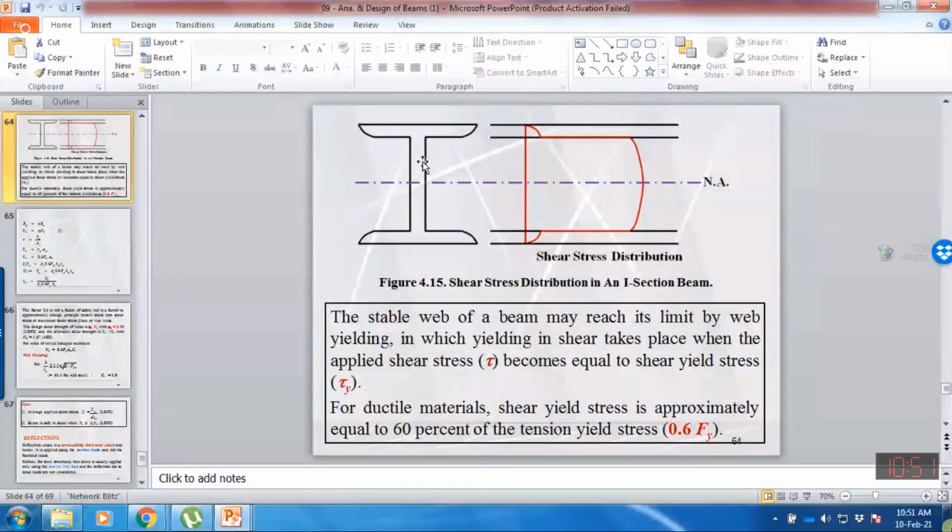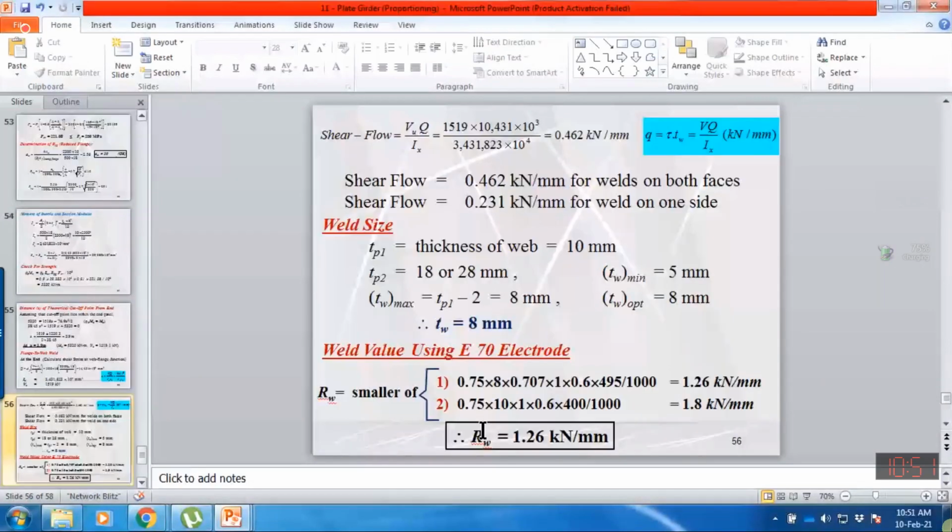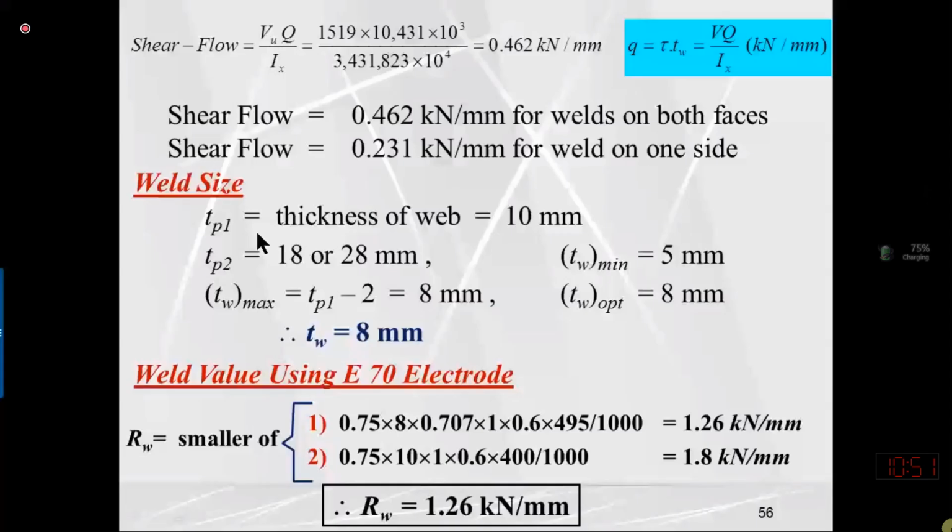You are already familiar with weld design. So TP1 will be the thickness of the web, 10 mm, because we want to connect two plates, and TP2 will be either 18 or 28. Let's suppose at the edges we use 18 mm for the thickness of the flange.